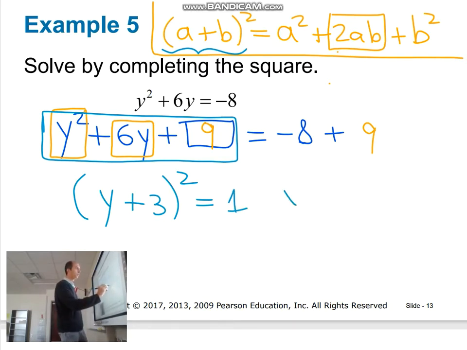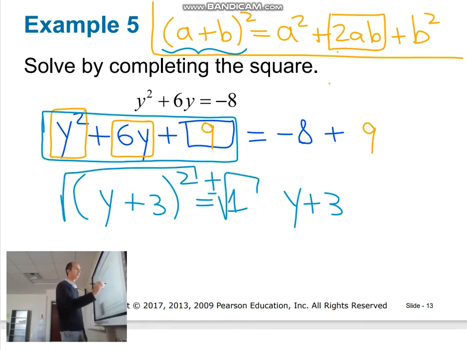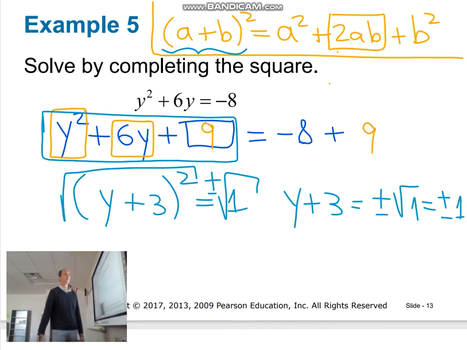And we can solve y plus 3, apply the square root, right? Taking the square root, plus or minus, y plus 3 equals plus or minus square root of 1, which is positive or negative 1.